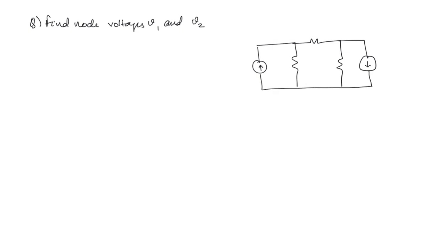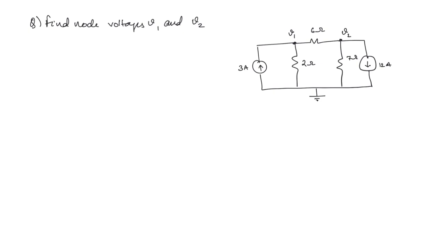And here ground is also given. Usually the ground node is taken as the reference node. This current source gives 3 amperes and this current source gives 12 amperes. This is 6 ohms, 2 ohms and 7 ohms. This voltage here is V1, this voltage is V2.